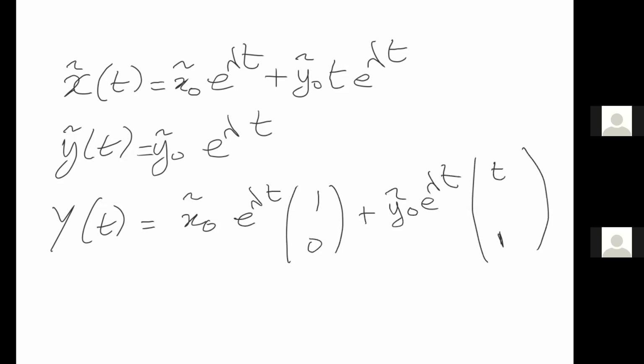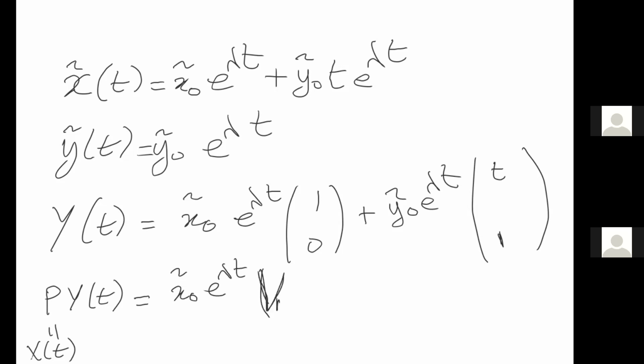All right. Okay, now if I do P y of t, which is x of t, this is x tilde node exponential lambda t, and P times (1, 0) is v1, plus, this term I will separate it.